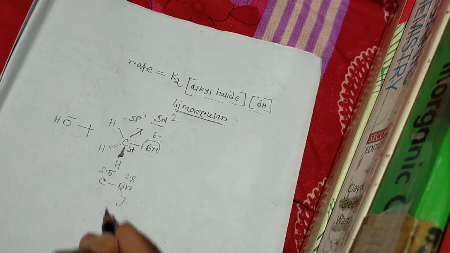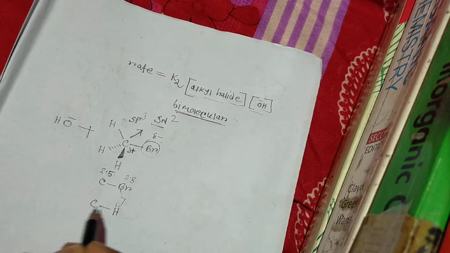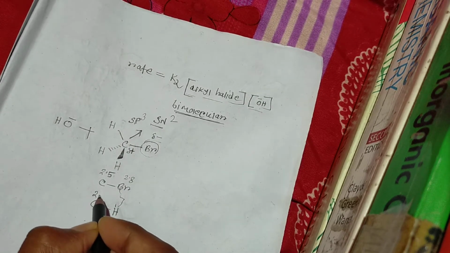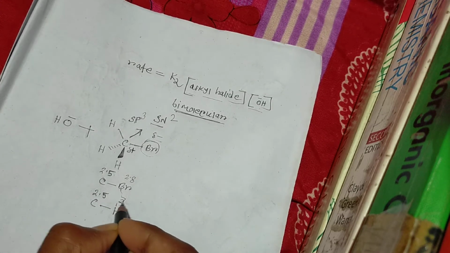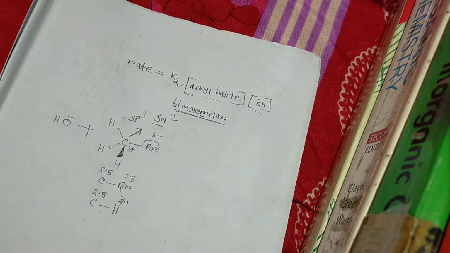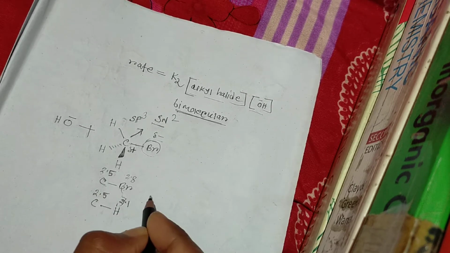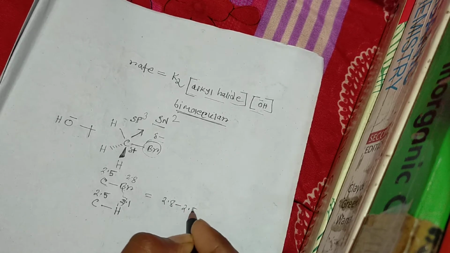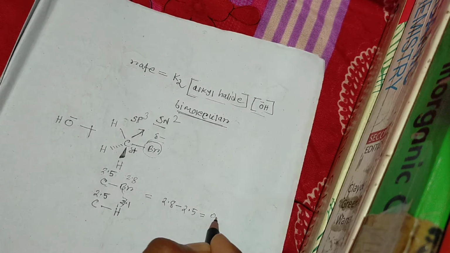For the carbon-hydrogen bond, carbon has 2.5 and hydrogen 2.1. So the electronegativity difference for this bond is 2.8 minus 2.5, that is 0.3.